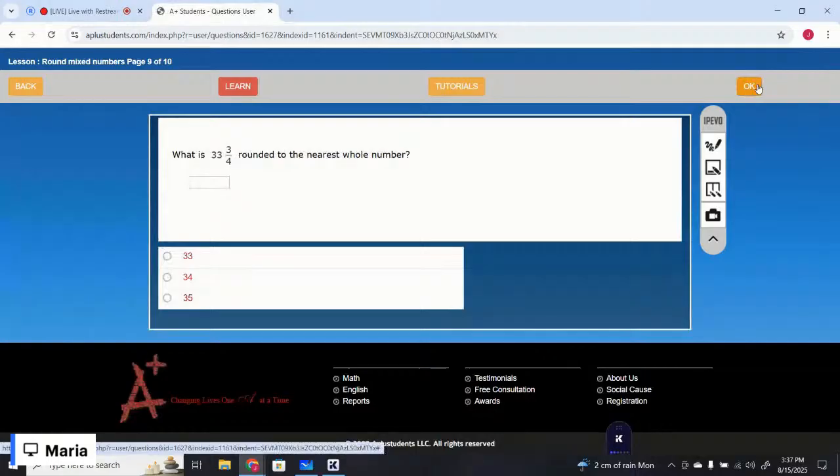What is 33 whole 3 by 4 rounded to the nearest whole number? 3 by 4 is more than half, so it would be rounded to 34. Option number 2 is the correct option. 34 it is.